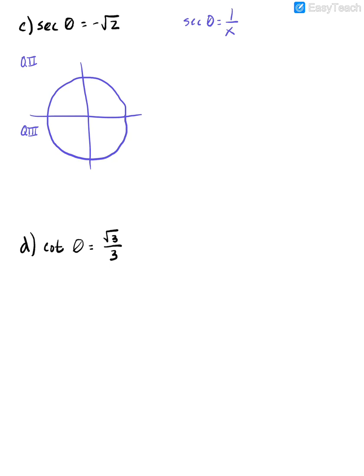So I'm not going to worry about the first, I'm not going to worry about the fourth. Let's go to 135 first. We've already looked at this one.